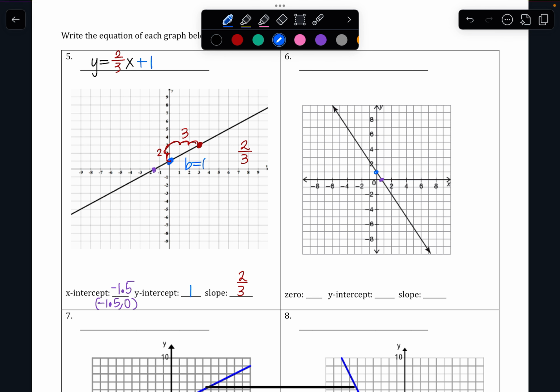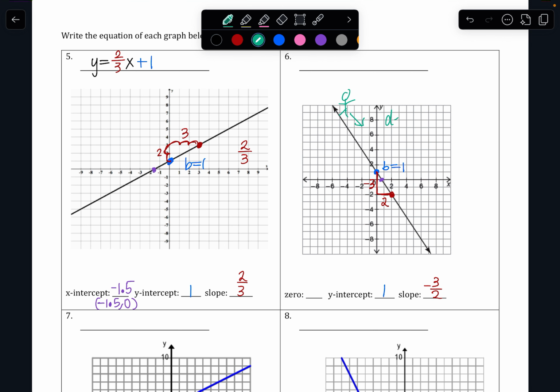But starting with our equation, I see my b value is +1. So y-intercept is 1. And to get to our slope, I'm going to go to this point here. So it looks like it's going down 3. So -3, right 2. And so remember, if you have a decreasing graph, this person is going down the mountain.